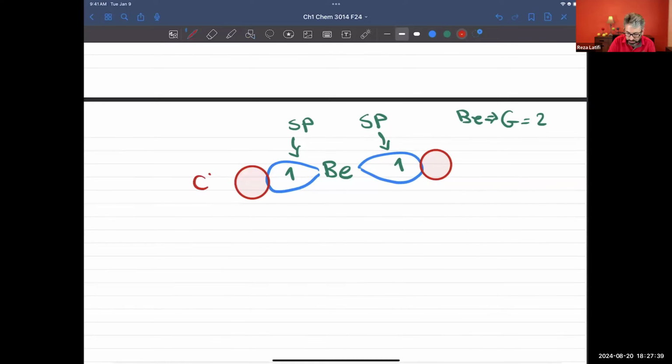Chlorine will come with 1 electron that is pointing down. Now this interaction is going to be a sigma bond.